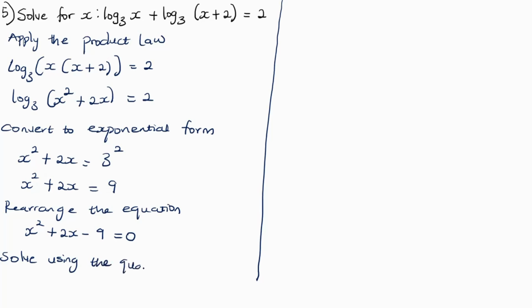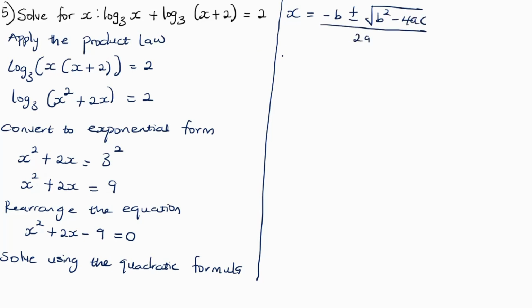The quadratic formula states that x is equal to minus b plus or minus the root of b squared minus 4ac, all over 2a. Here from our equation, a is equal to 1, b is equal to 2 and c is equal to minus 9.